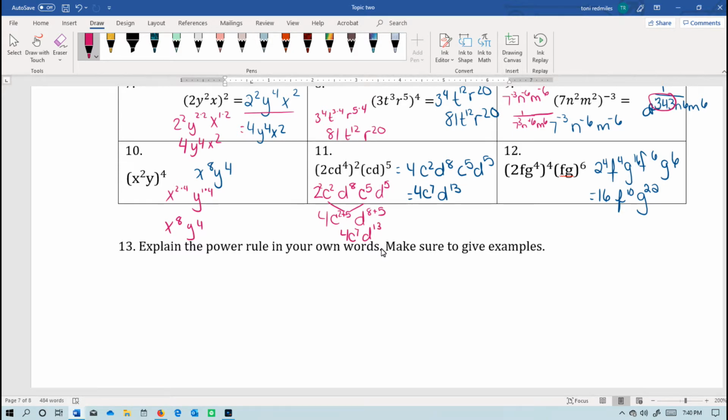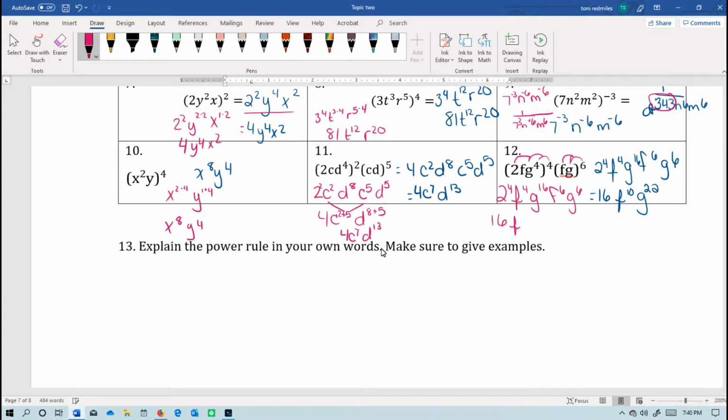All right, so everything gets the 4 applied to it. Okay, so 2 to the 4th, f to the 4th, g to the 16th, because 4 times 4 is 16. Everything gets the 6. So f to the 6th, g to the 6th. Okay, let's clean this up. 2 to the 4th power is 16.